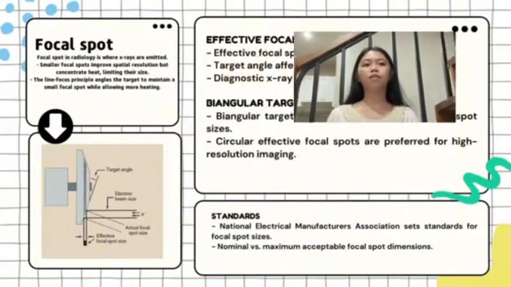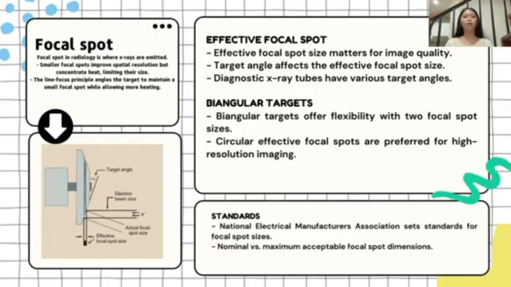Focal spots are the source of emitted X-rays, with smaller ones resulting in better image clarity but potentially overheating. The line focus principle maintains a small effective focal spot while allowing more heating. Effective focal spots are determined by the target angle and can be influenced by different angle sizes. Off-focus radiation caused by electrons bouncing off the focal spot can be addressed through geometric designs and metal enclosures.